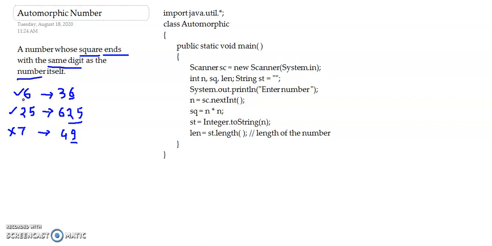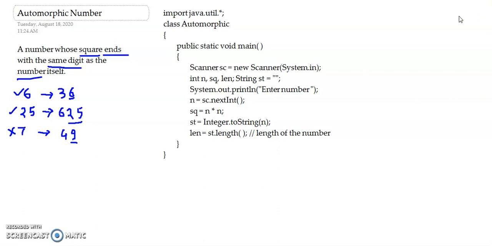So it all depends on the runtime, what the user is going to enter. You don't know that beforehand. So you have to calculate the power of 10 raised by this number of digits. It is going to give us exactly the value by which we will mod this square.